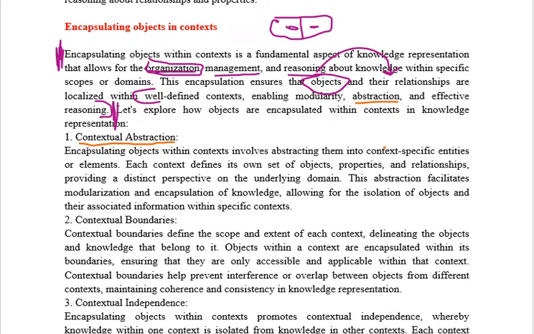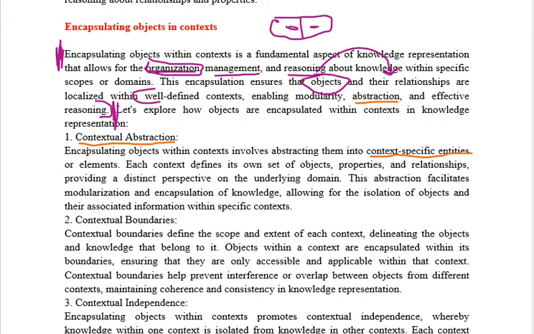The information in the context will be context specific: the relevant, necessary information only is kept. Unnecessary information they will leave. So context-specific entities means only the specific information.